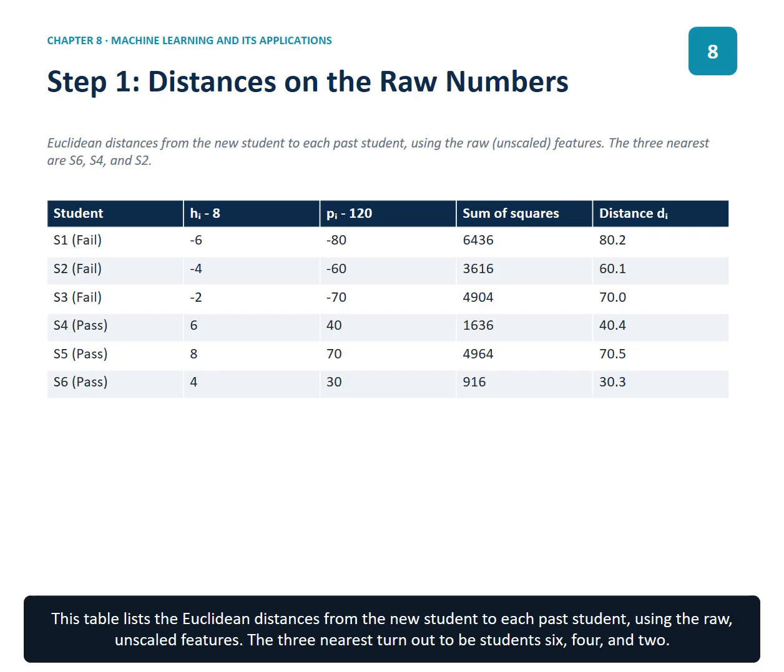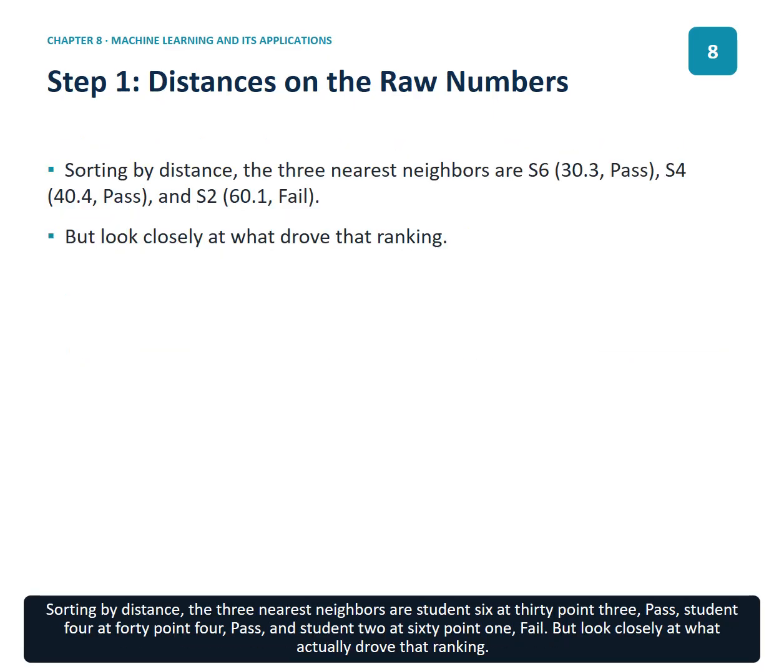This table lists the Euclidean distances from the new student to each past student using the raw unscaled features. The 3 nearest turn out to be students 6, 4, and 2. Sorting by distance, the 3 nearest neighbors are student 6 at 30.3, pass, student 4 at 40.4, pass, and student 2 at 60.1, fail. But look closely at what actually drove that ranking.